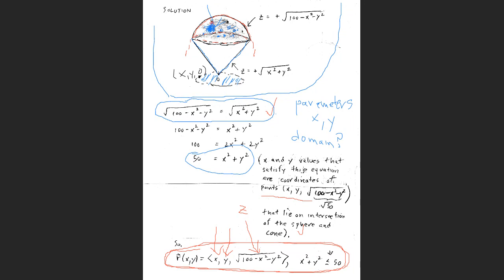Well, we know that x squared plus y squared is constrained to be less than or equal to 50. So any point that is going to be on that shaded sphere, their xy coordinates have to obey this constraint. But the z coordinate has to obey this constraint: z equals the square root of 100 minus x squared minus y squared. It's like in this case, you're letting x and y be free, but then the third variable is constrained.